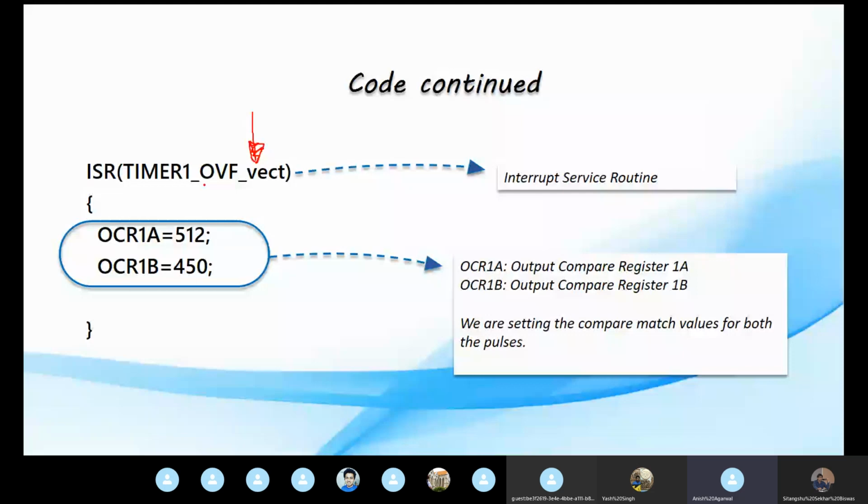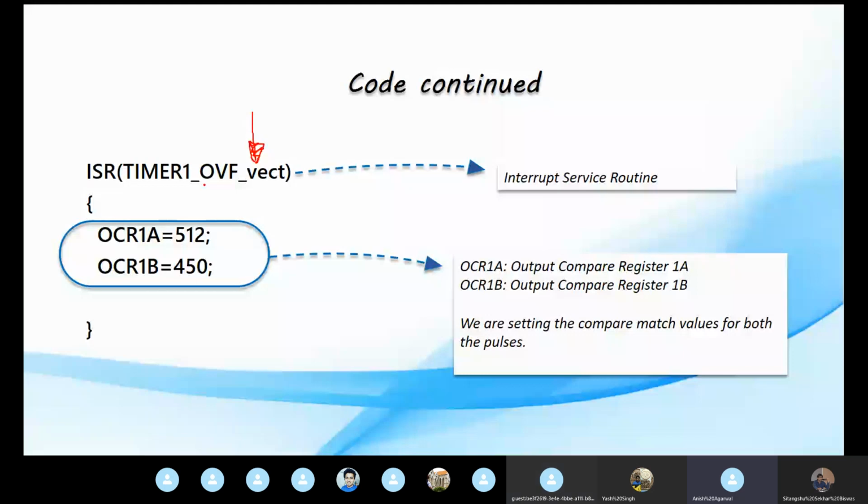The OCR1B pulse will initially be high, from 0 to 450. If you remember, we said this in the 1-0 mode. In the 1-0 mode, it clears when it reaches the OCR value while up counting, and sets while down counting.